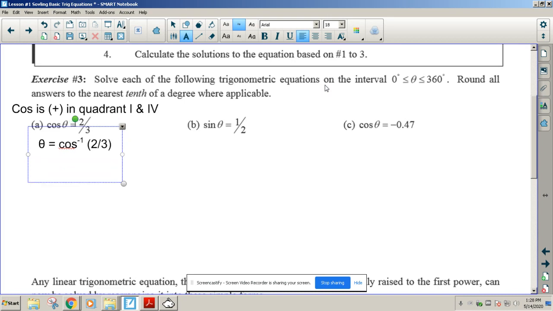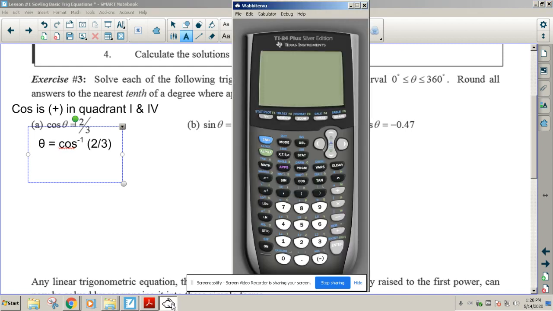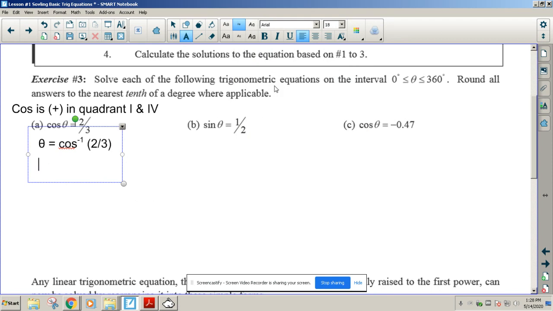So what's my reference angle going to be? Let's get to the calculator and find out. If I now type that in, arc cosine of 2/3, I get a 48, and this says to the nearest tenth of a degree, so a 48.2 degree angle. So I come back over here.